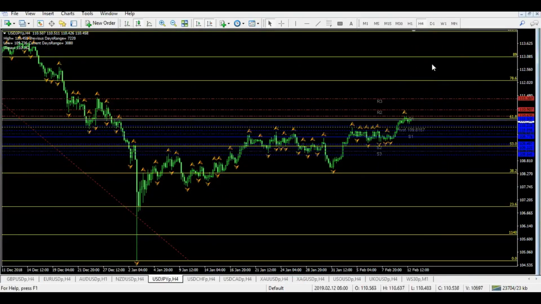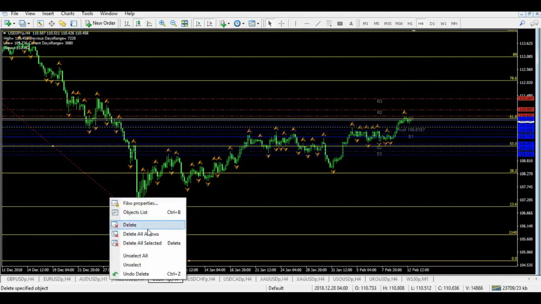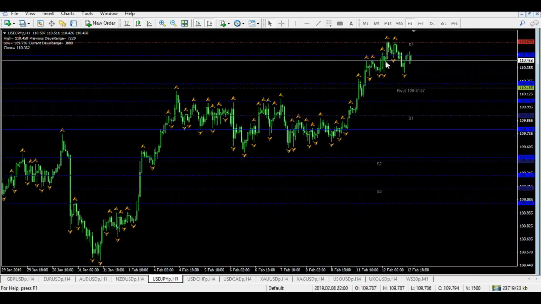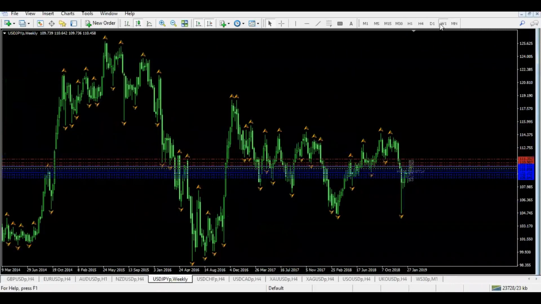I want to teach you a technique today that makes you analyze in higher time frames and go down. But when you sit behind the chart in the 4-hour time frame and you draw the Fibonacci, you won't see anything else. You see it's breaking and getting drawn again because you had a Fibonacci on a higher time frame.